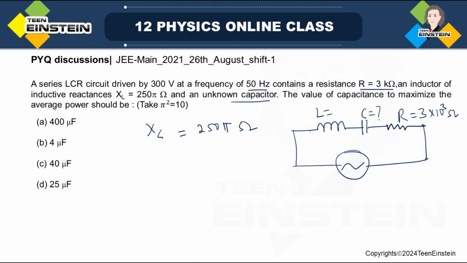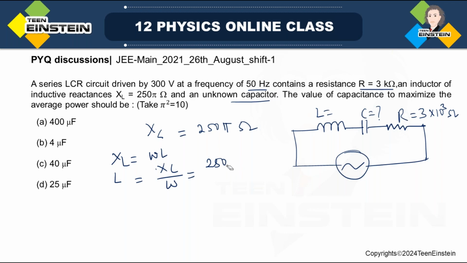This I can find out easily. Let me find out what is L. See, XL means omega into L, right? So from here, L equals XL by omega. XL is given as 250 pi ohm, right?